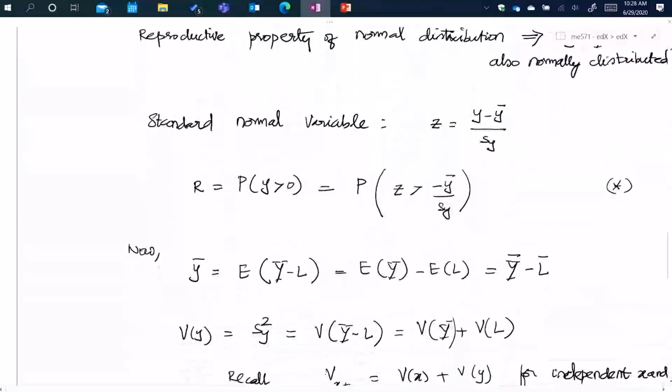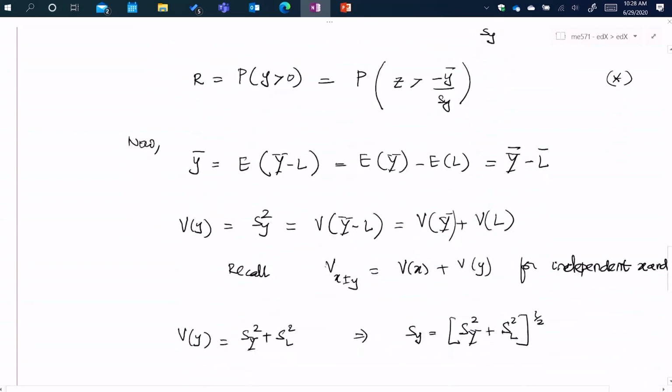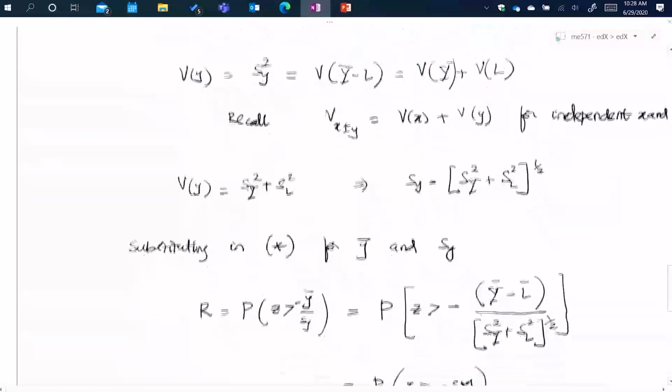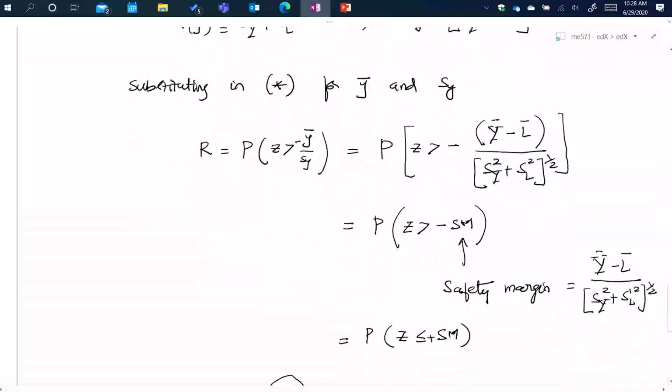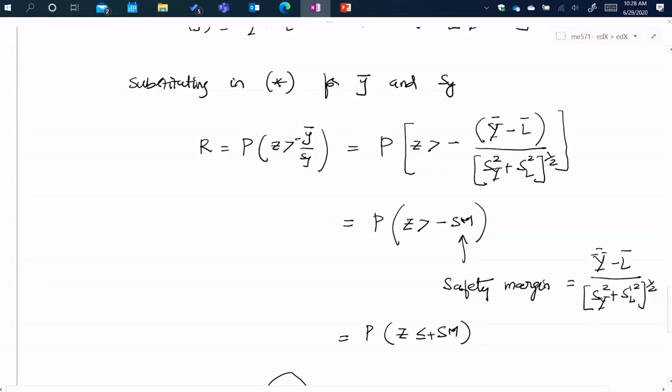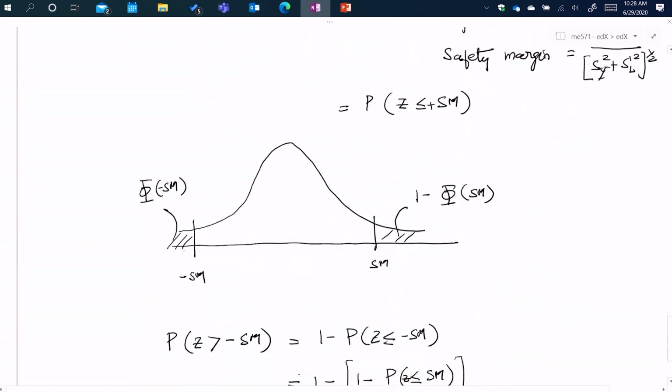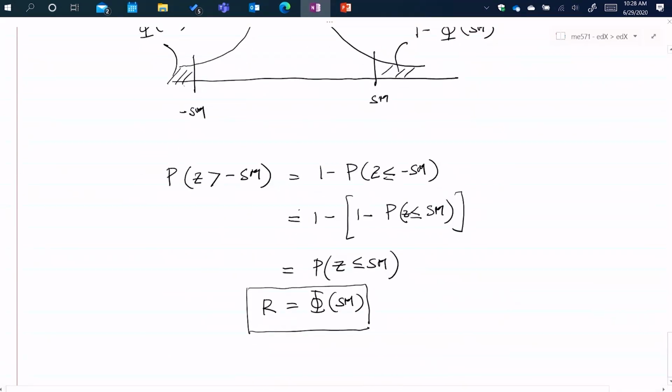Then we can define safety margin in the manner that we have done, and we can also estimate reliability as the cumulative distribution function corresponding to safety margin.